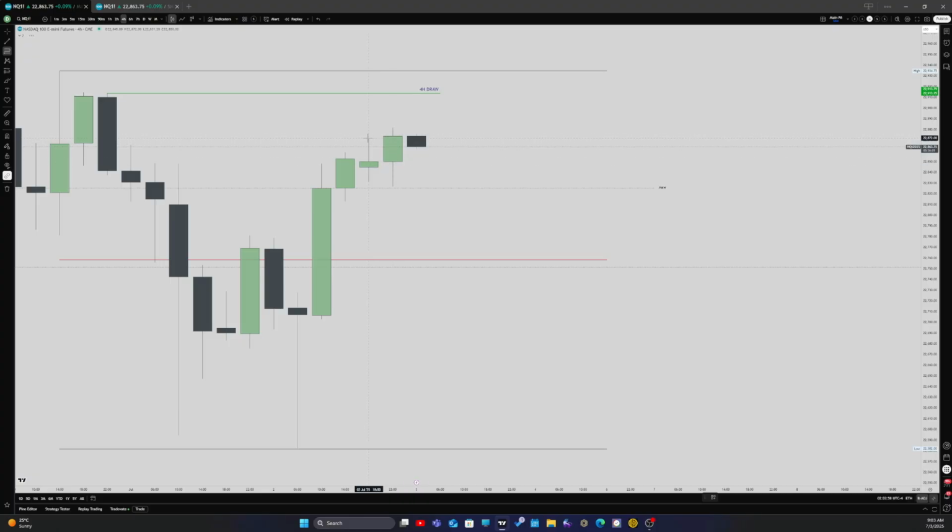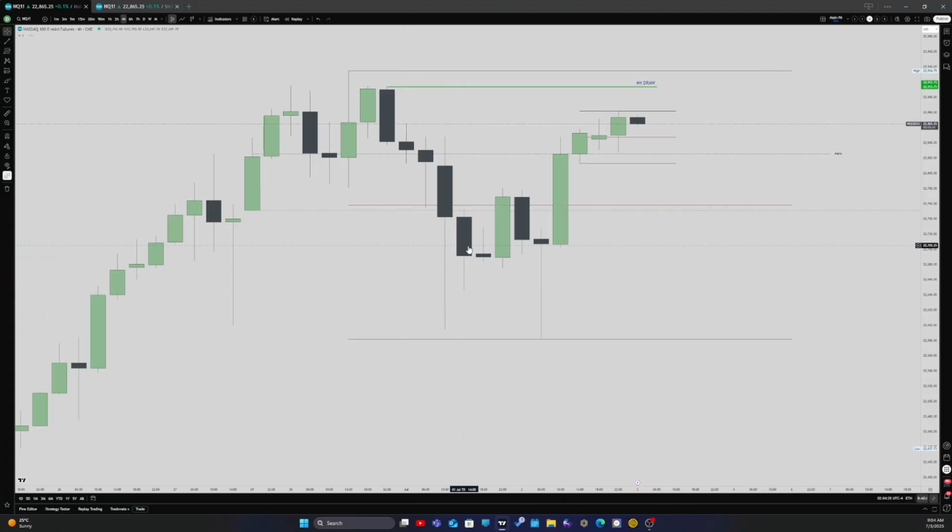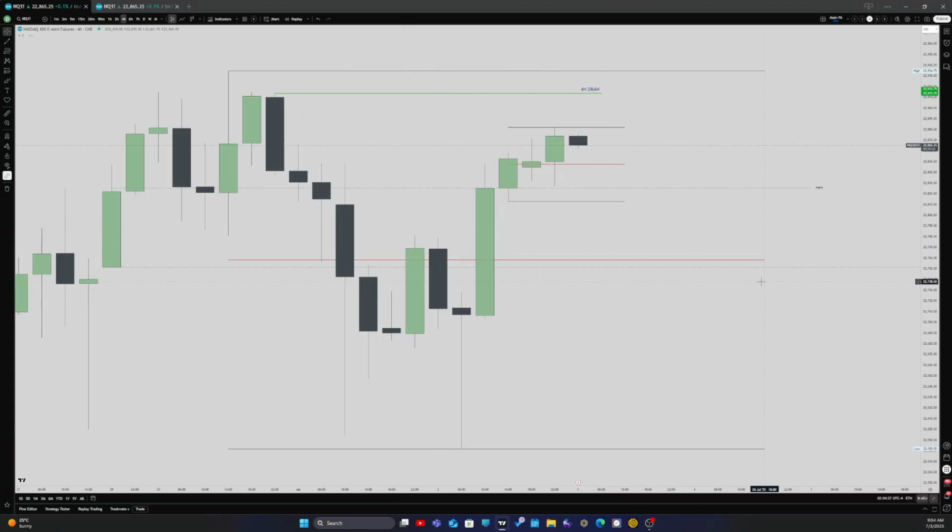This candle closed above this high with its body, but not very conclusively. This is my 15-minute impulse, in my opinion, because this is where we had the market structure shift. This is a big old breaker here.